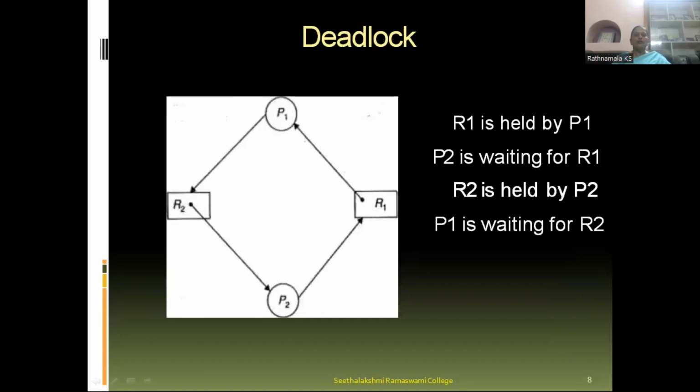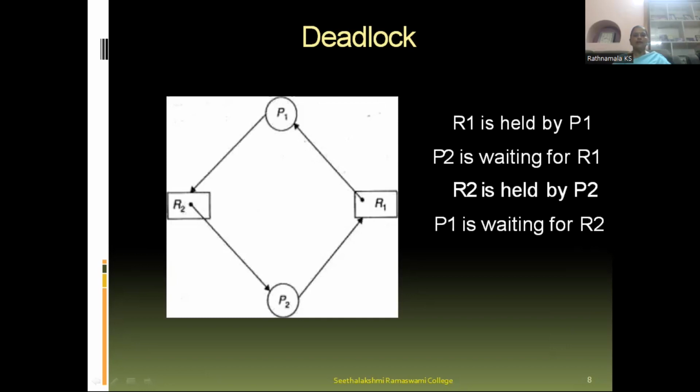Mutual exclusion is one type of problem in the distributed approach. The other major one is deadlock. So what is a deadlock? You can see the diagram. There are two processes, P1 and P2, and two resources, R1 and R2.